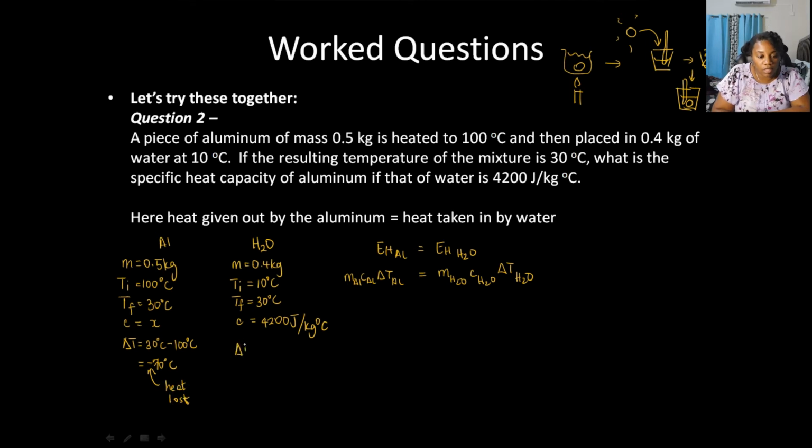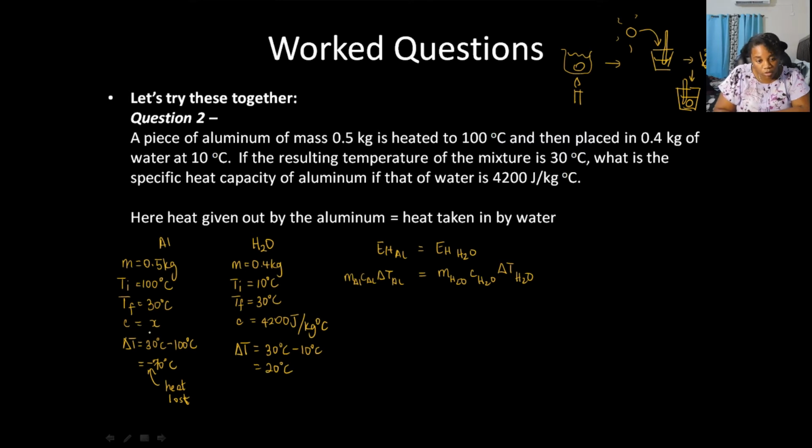Then delta T for this one will be 30 degrees minus 10 degrees Celsius, and that will give us 20 degrees Celsius. This tells us that heat was gained by the water, because it's positive.